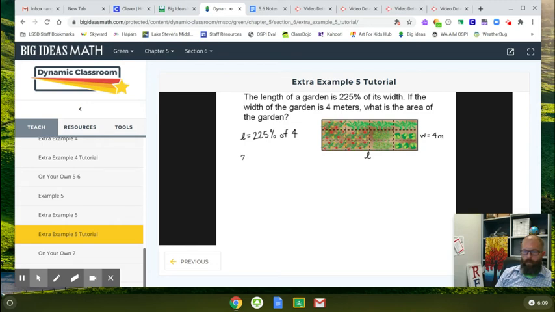First, we will need to convert 225% to a fraction. To do this, we will write 225 over 100. But this fraction is not simplified. We will need to divide the numerator and denominator by a common factor.